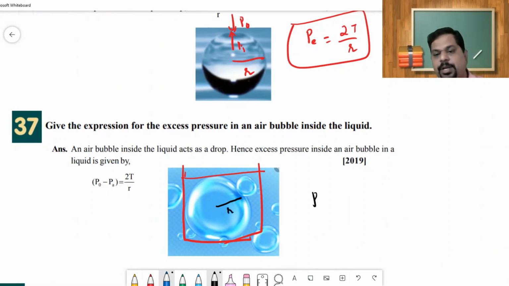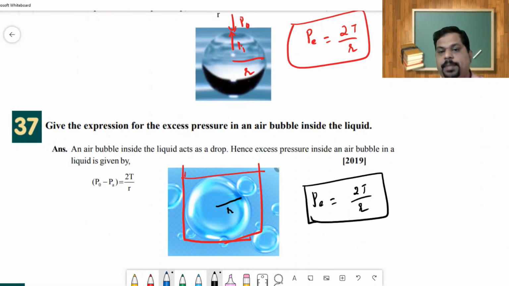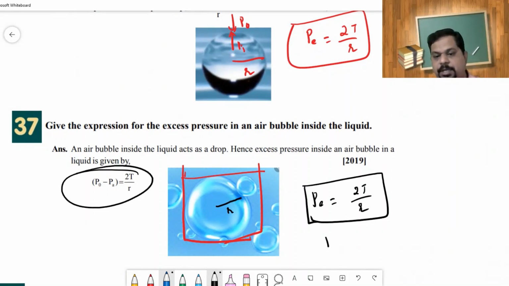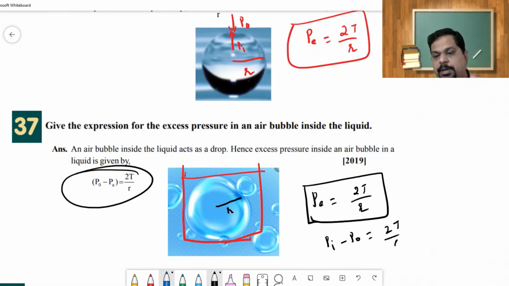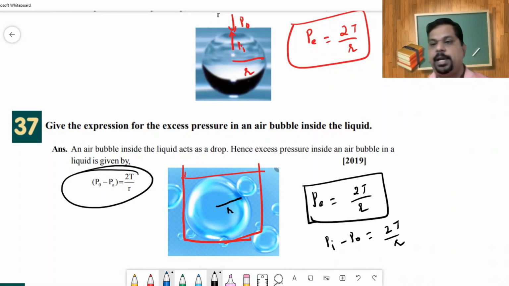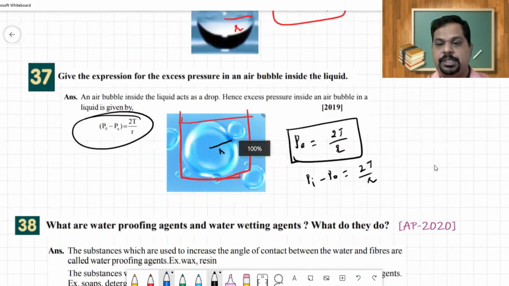So for this one, the excess pressure is same as the liquid drop, 2T by R. Again, we know that excess pressure is nothing but inside minus outside. So for soap bubble, it is 4T by R, and for liquid drop, it is 2T by R. For air bubble, it is 2T by R. Air bubbles are formed inside the liquid. That's an important part you should understand.